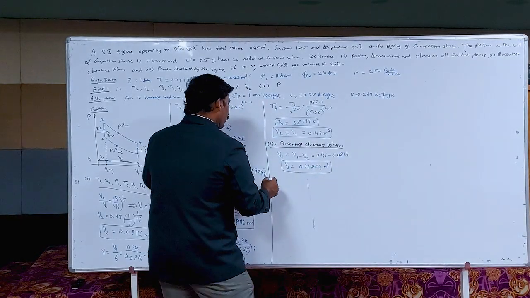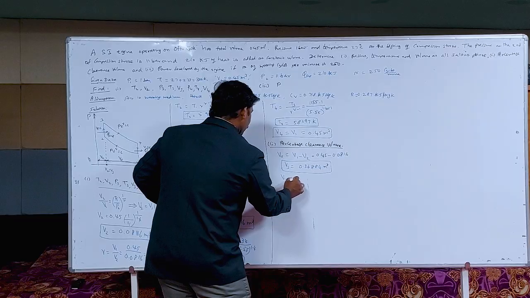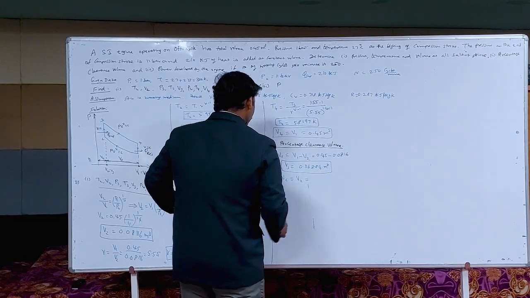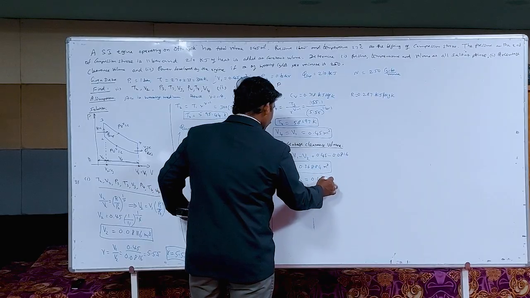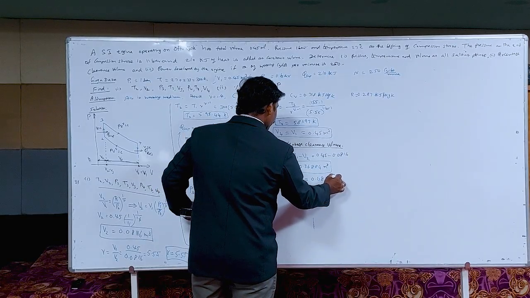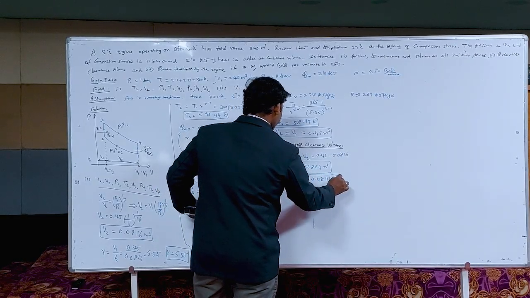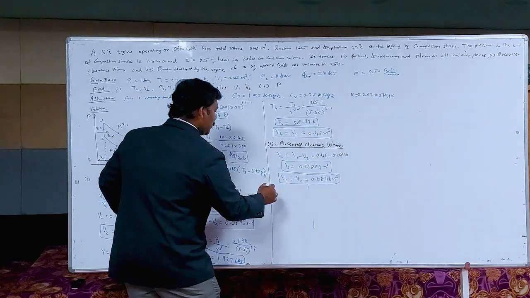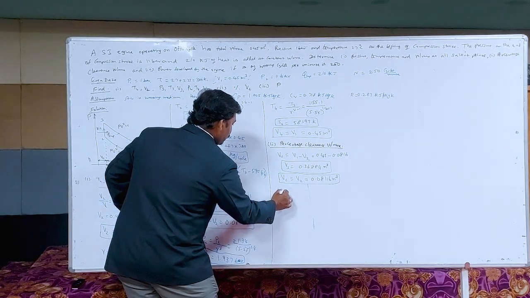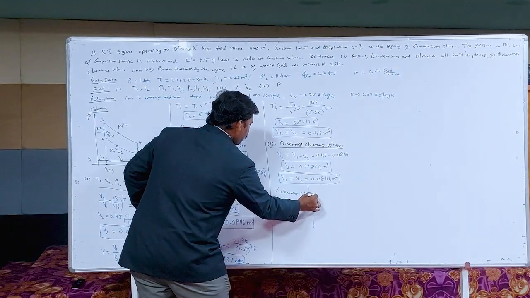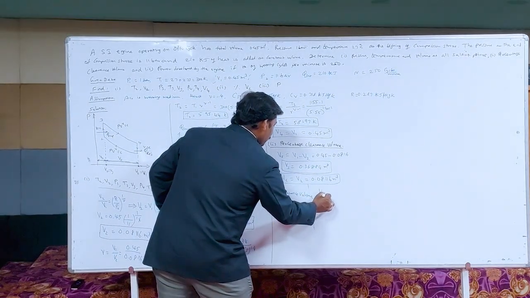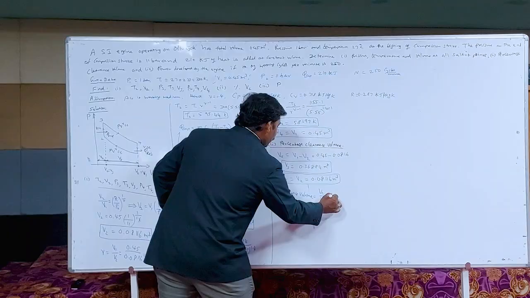And then we have to find out the clearance volume. Clearance volume is equal to V2, that is 0.08116 meter cube. So we have to find the percentage clearance volume. Percentage clearance volume is equal to Vc by Vs into 100.